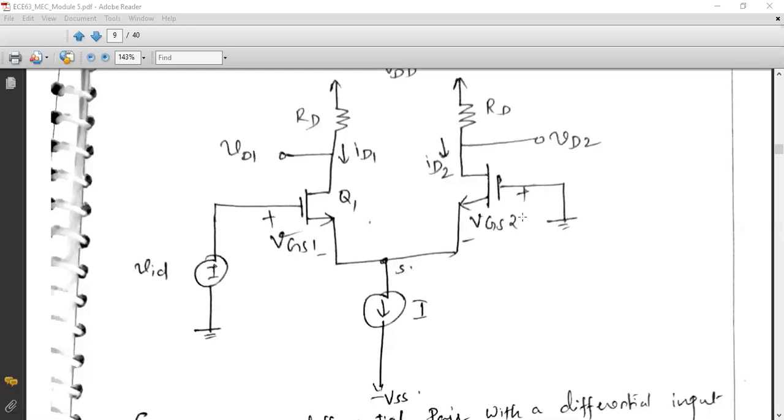Yes, someone unmute and speak. What will be the difference between the common mode and differential mode circuits? While observing, what's the difference that you feel?